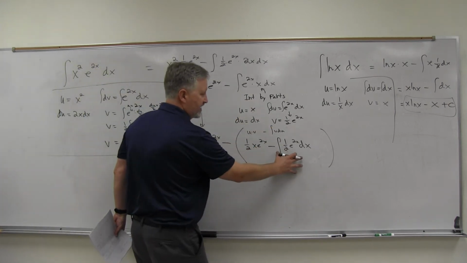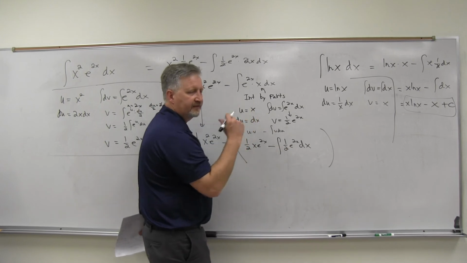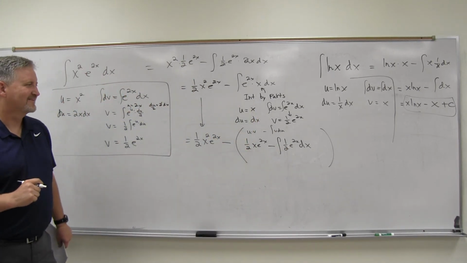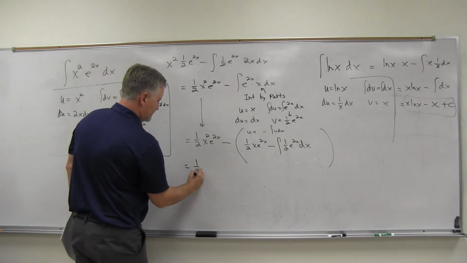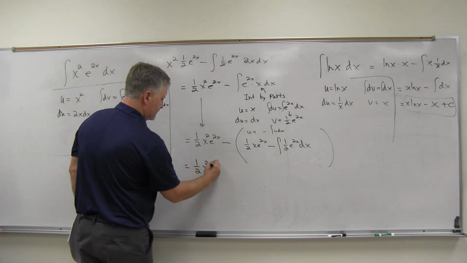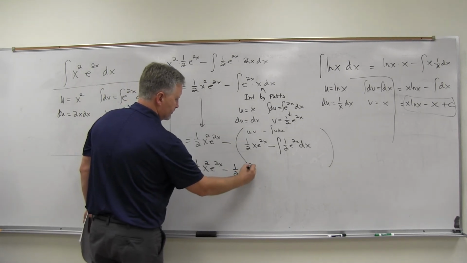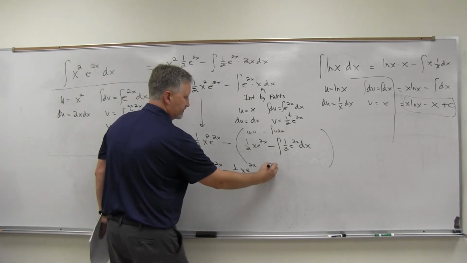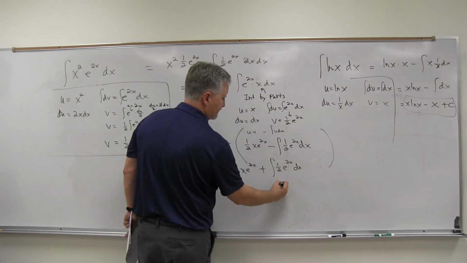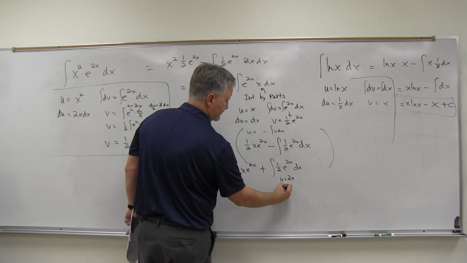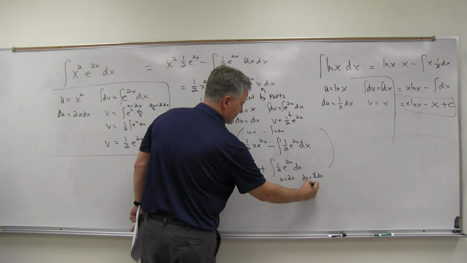So the integral now we have to do, can we do that one? Yeah, that's just a simple substitution one. Again, this minus will make that a minus, that a plus. Like I said, this is just u substitution, u equals 2x. du equals 2 dx, so du over 2 is my dx.